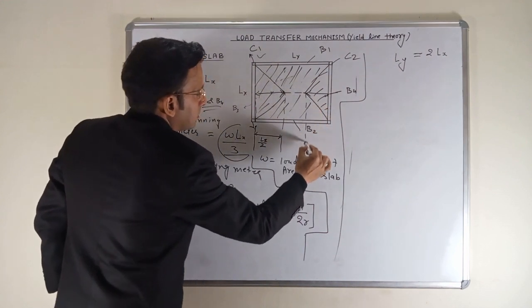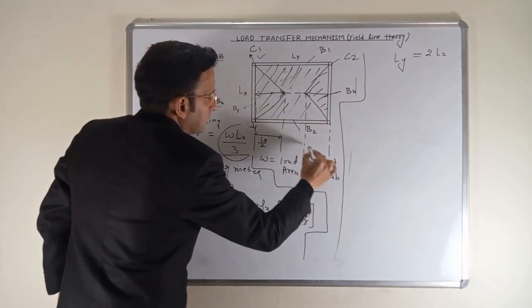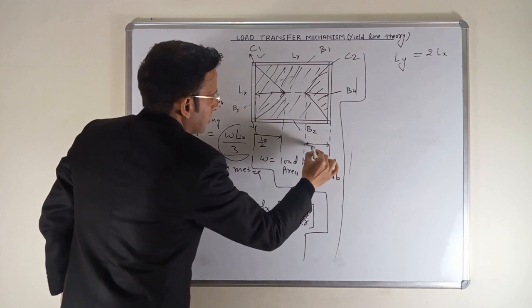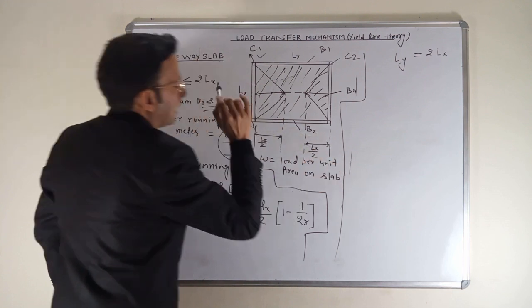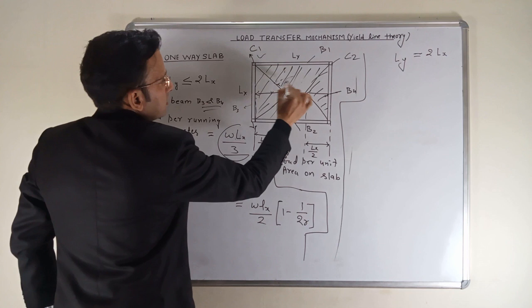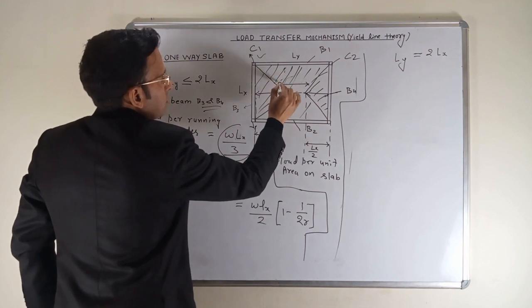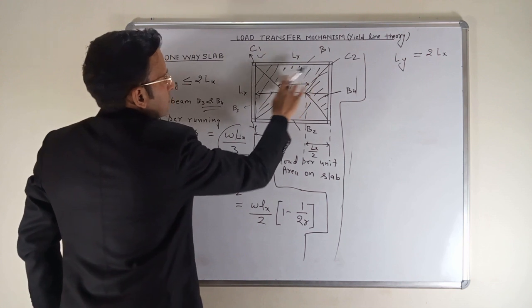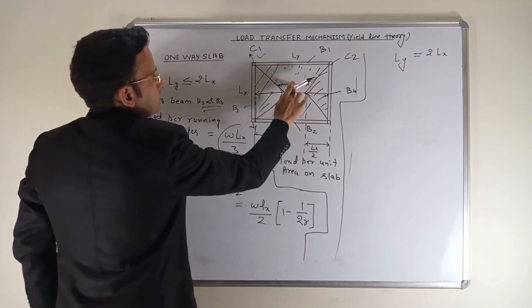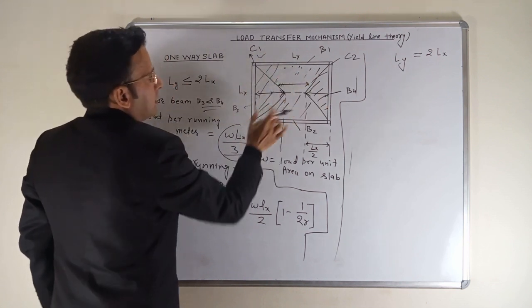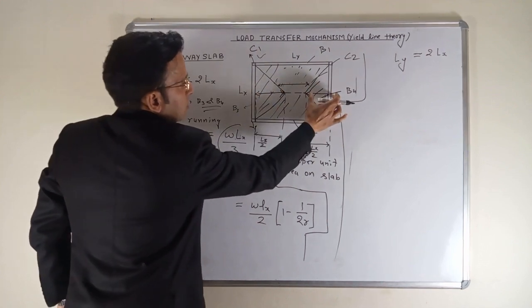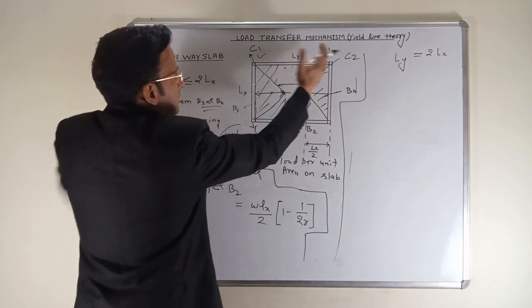Also, this value is Lx upon 2. Hence, Lx upon 2 plus Lx upon 2 becomes Lx, and this is Ly.